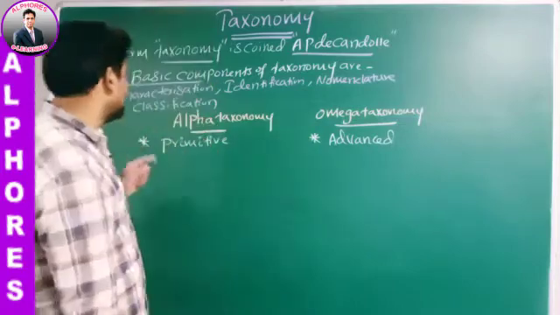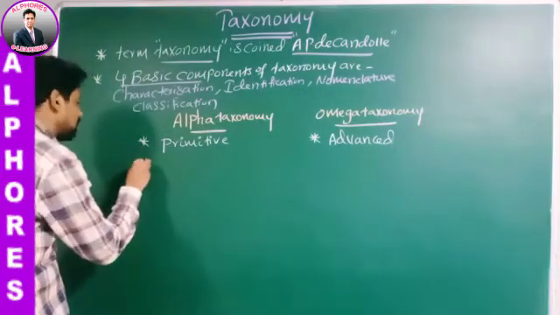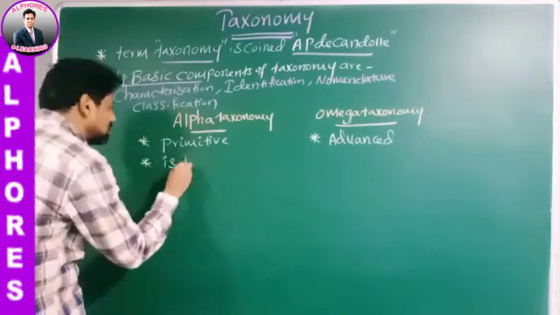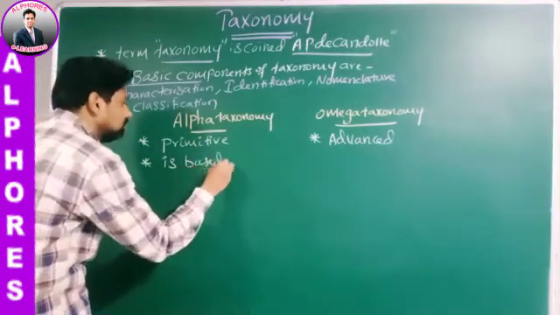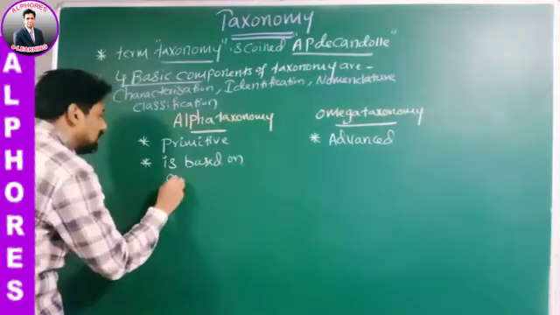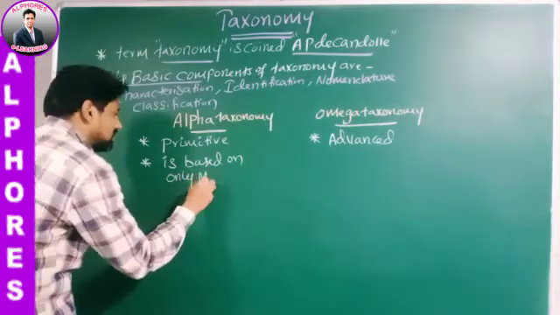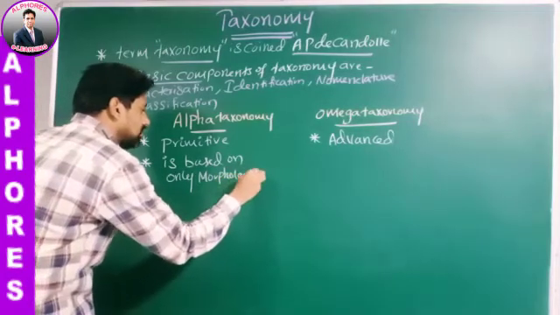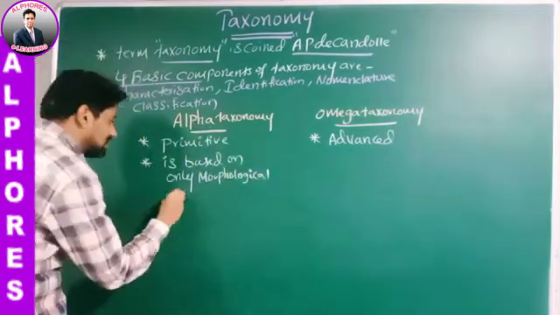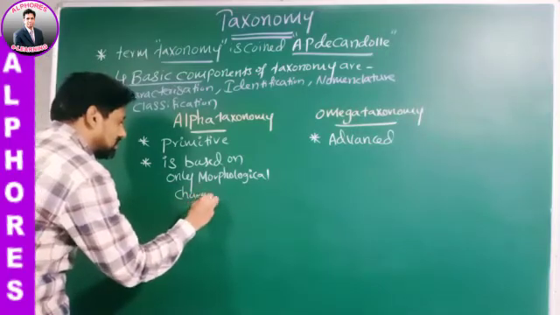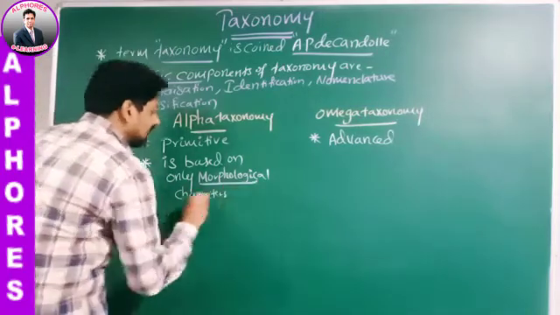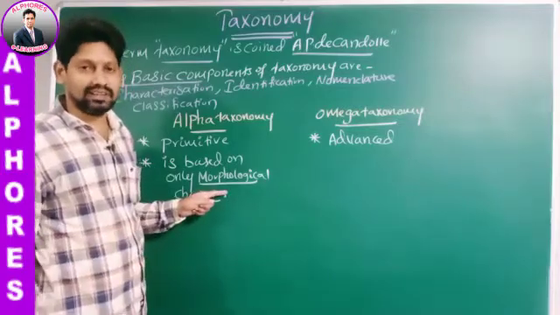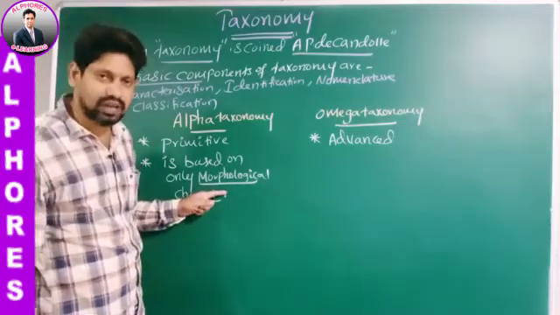Alpha taxonomy is based only on morphological characters, it means the characters that we can see, external characters.